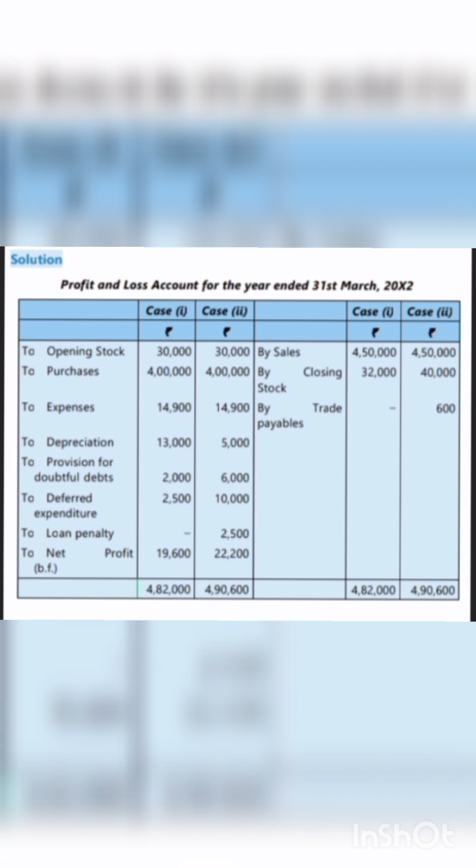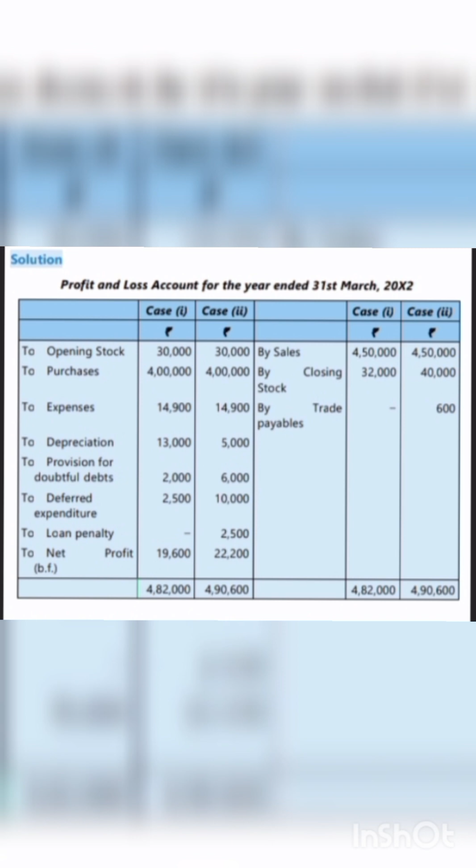Now I will explain the income part. First, by sales, rupees 4,50,000 in both going concern and non-going concern. It has been taken from point B of the additional requirement.